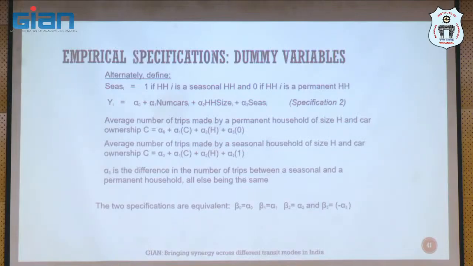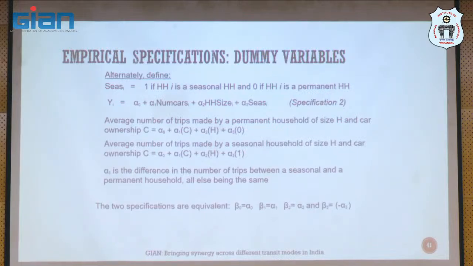Because if a household is permanent, what will be the value for seasonal? If the value is 1 for permanent, the value for seasonal will be 0. Right? So if you have two columns which are linearly dependent, you cannot estimate two coefficients. You can only estimate one coefficient in your model. So if you have two levels, permanent and seasonal, as two categories for each household, only one of those two categories can be in your model.